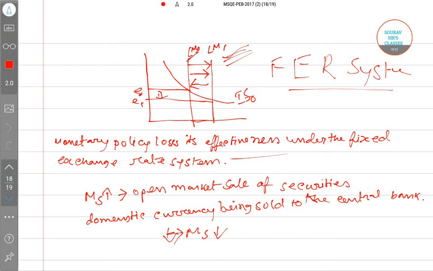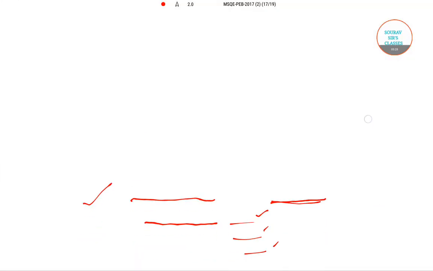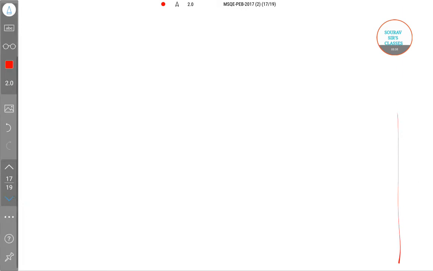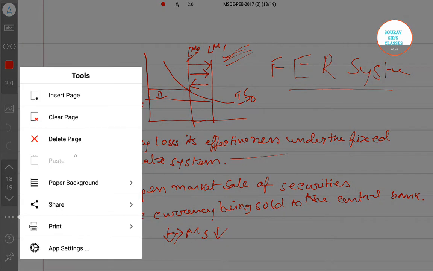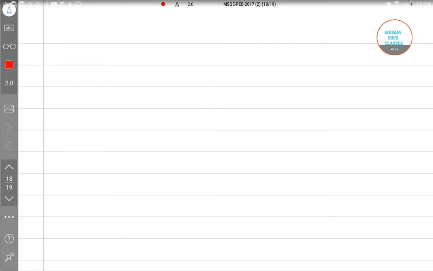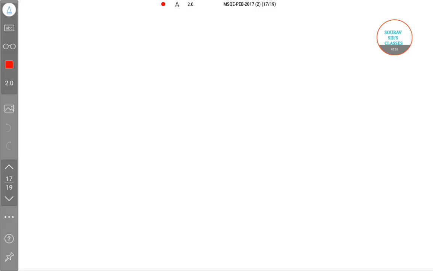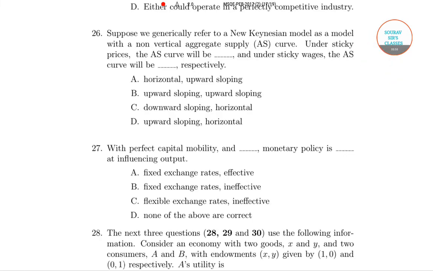So we'll go to the question again. We'll conclude that under perfect capital mobility and fixed exchange rate, monetary policy at influencing output becomes ineffective.